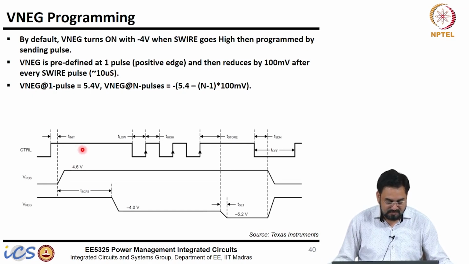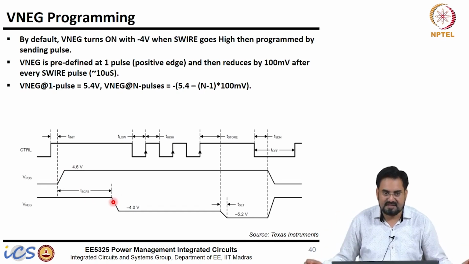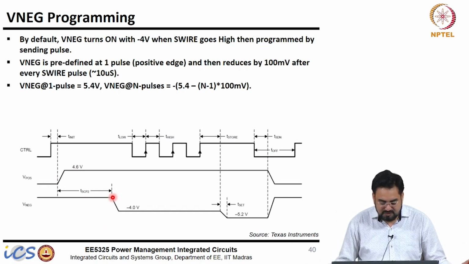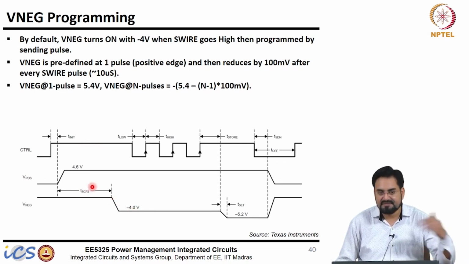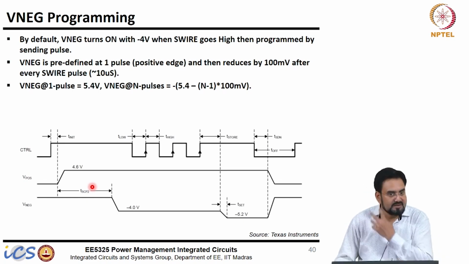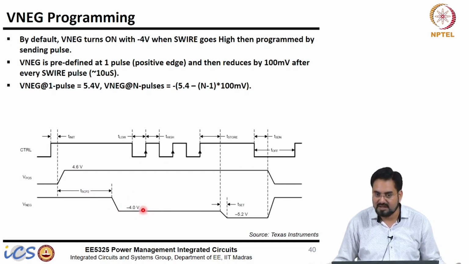Between the positive voltage and negative voltage there is a roughly 10 millisecond delay. Before the positive edge comes, if you do not do any programming, then by default it will go to minus 4 volt. But if you send some pulses in between before it comes up, it will take the new value. So you can program it before it starts.